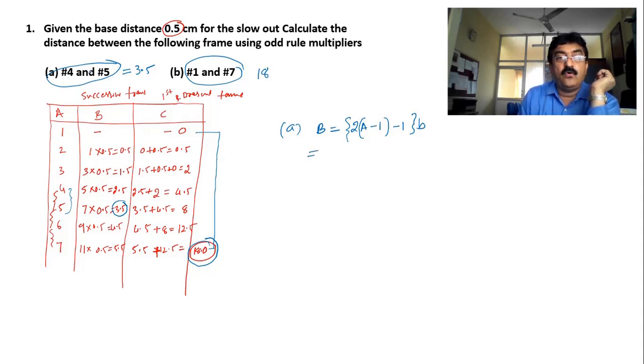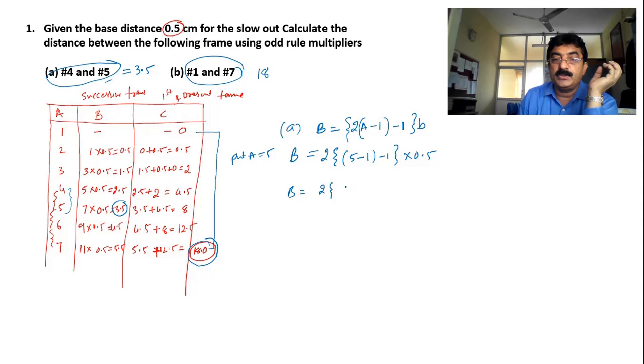I want the 4th and 5th, therefore I have to put A equal to 5. If you want the distance between 3rd and 4th, you have to put A equal to 4. So B is equal to (2A minus 1) into the base distance, with A as 5 and base distance 0.5.